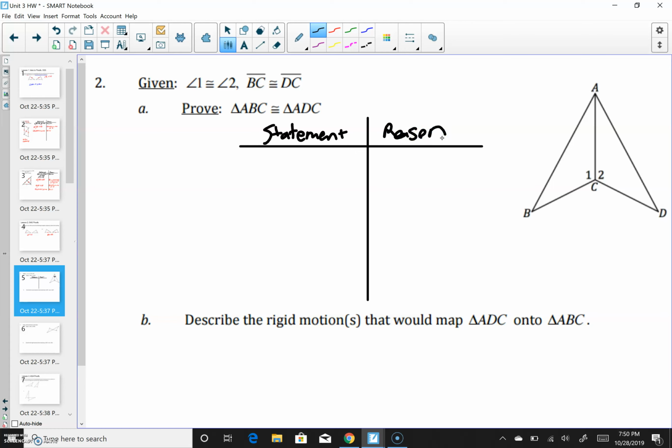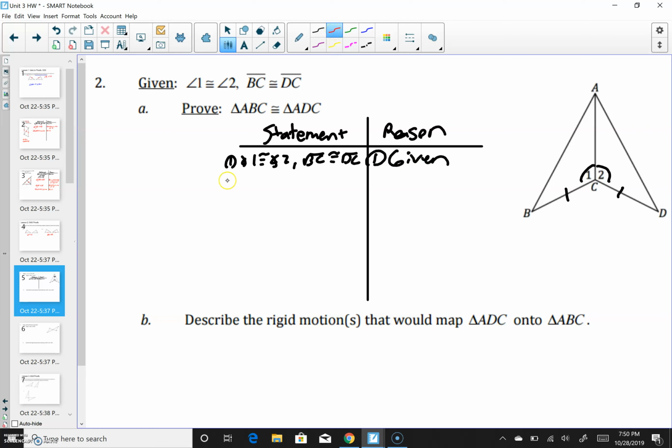The first thing it tells us is that angle 1 is congruent to angle 2, and that BC is congruent to DC. This is a nice friendly one because they've given us two things that are congruent in our givens. So we don't really have to work that hard to complete this proof, and a reason for that is given.